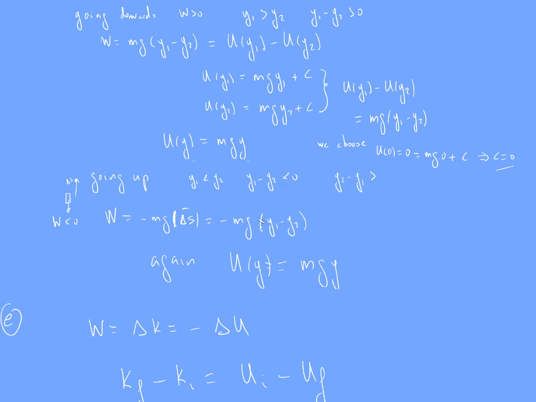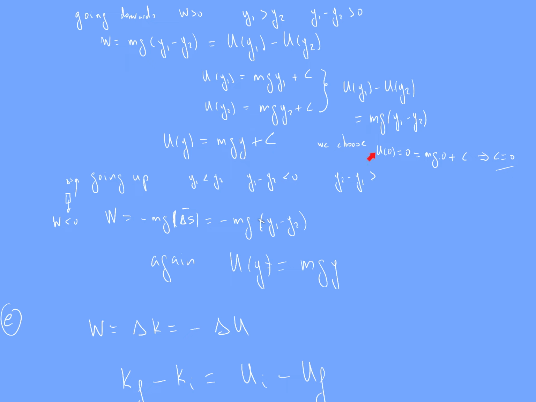So U of y in this case is mgy plus C. Normally, what we do in problems is we choose U to be 0 when y is 0.